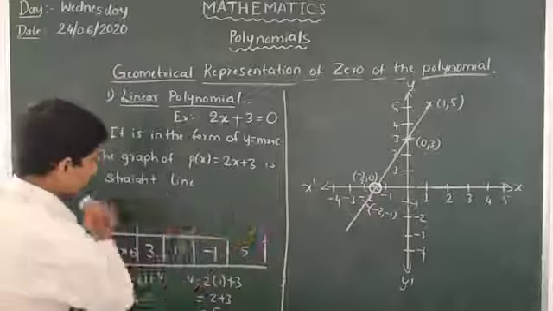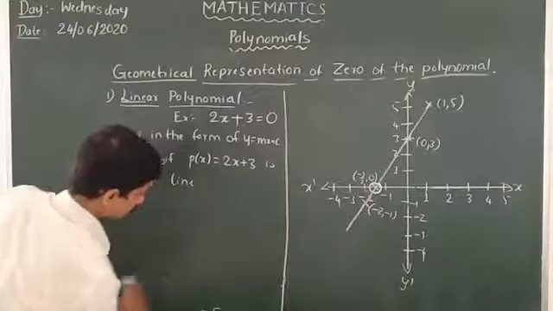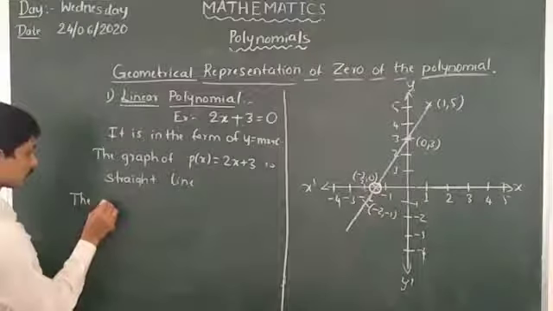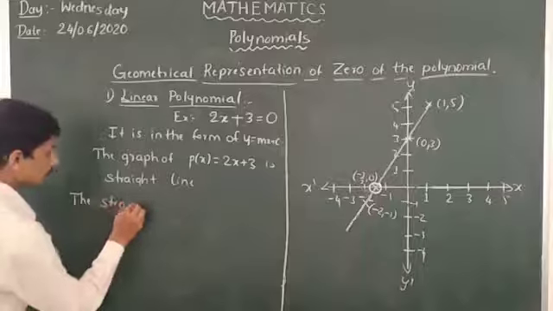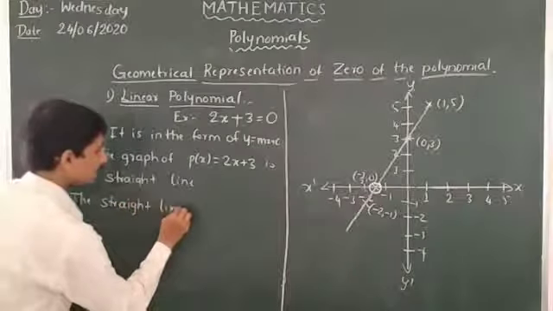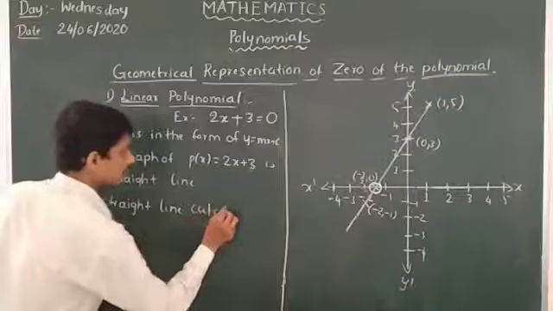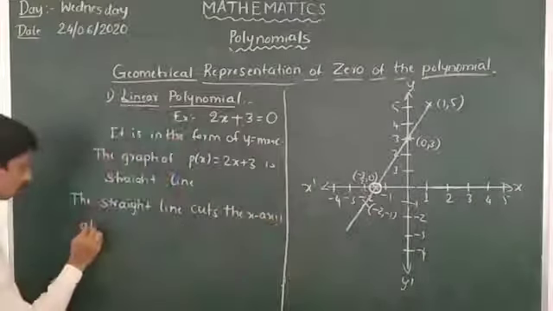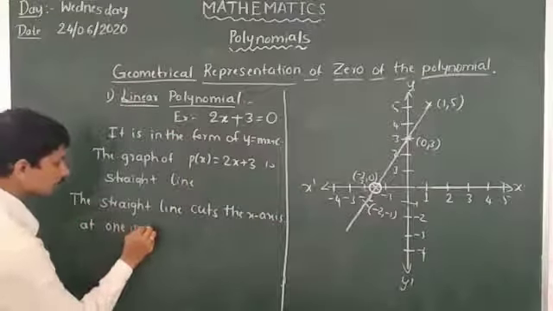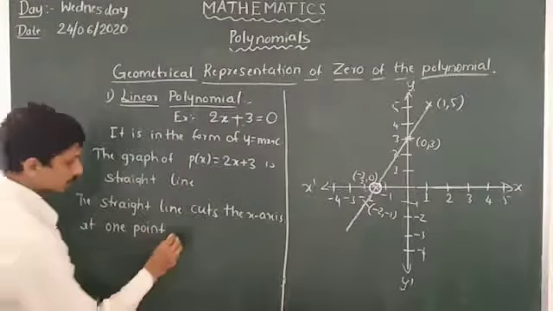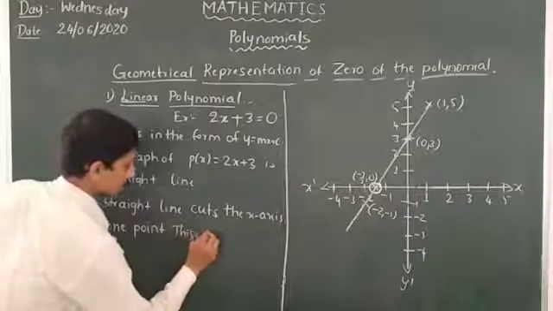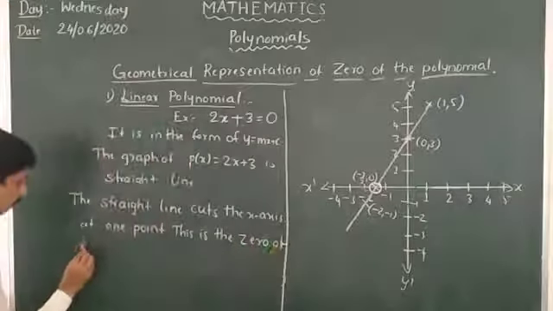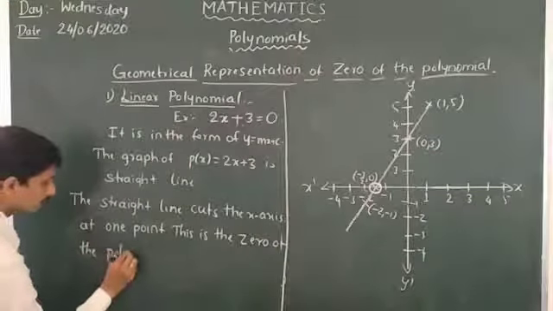So we can write it as: the graph, or the straight line, cuts the x-axis at one point. This is the 0 of the polynomial.